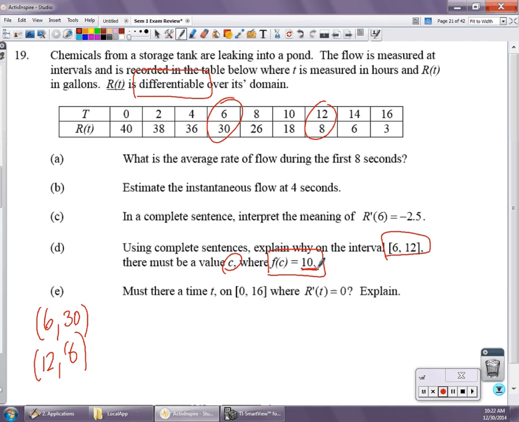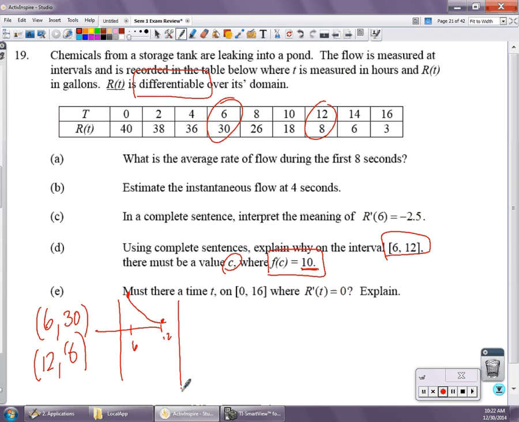Well, you can use common sense. 6:30, we'll call this 6, and 30 is way up here, and 12:8 is here. If the function's continuous, whether it goes up and down, whatever it does, it's going to have to pass through 10 to go from 30 to 8. This is the intermediate value theorem, which is a promise, y-value promise.